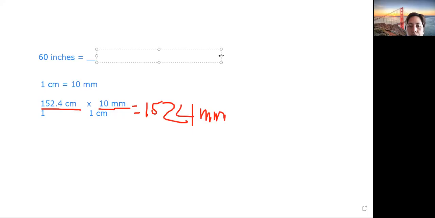Therefore, the answer is 1,524 millimeters.